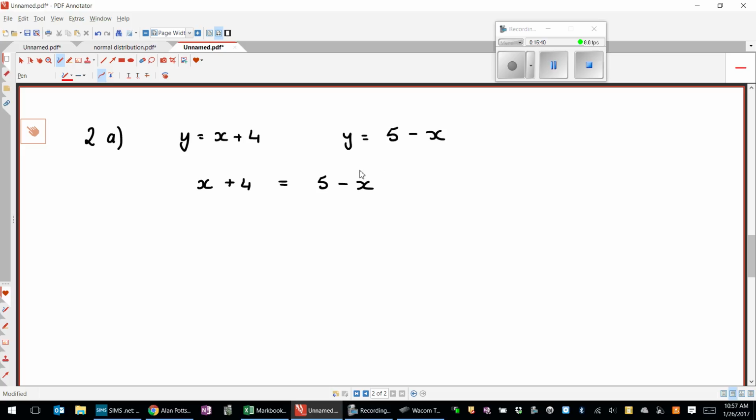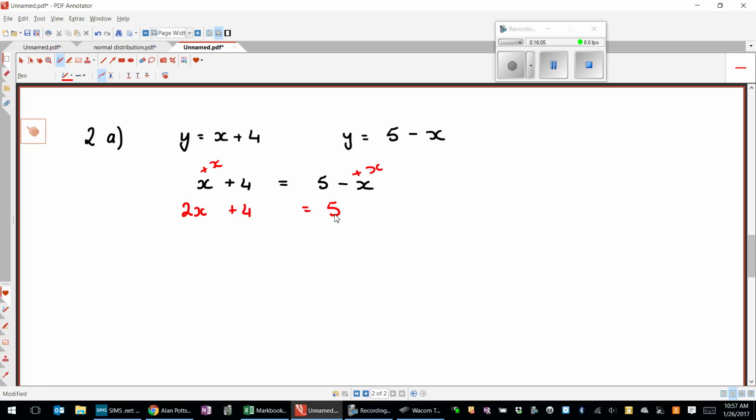Okay, if you add x to both sides, you end up with 2x plus 4 equals 5. Now what people tend to do is look at x and minus x and think the x's disappear. I'm not saying you do.